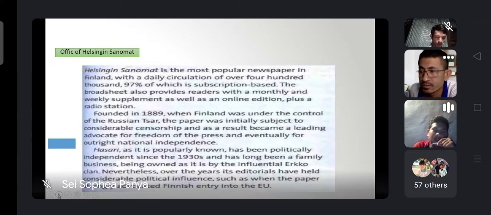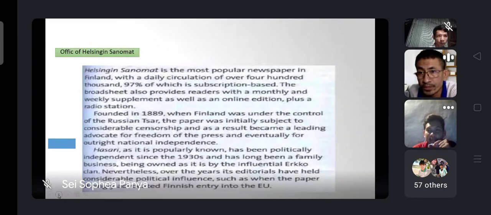And the final part is the main part, that Finland entered the EU. Okay, that's all, teacher.